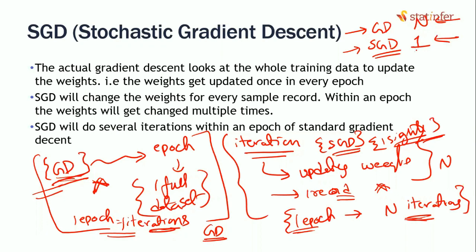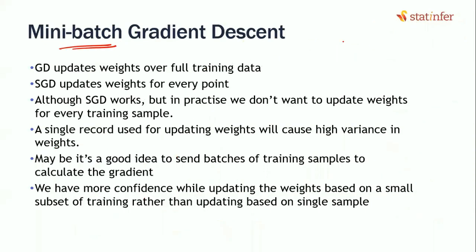Maybe a smaller subset, group by group, maybe send 50 records, maybe 100, maybe 200, maybe 500 records. Neither do you send complete n records, nor one record, but group by group. That is known as a batch. That is known as mini batch gradient descent.